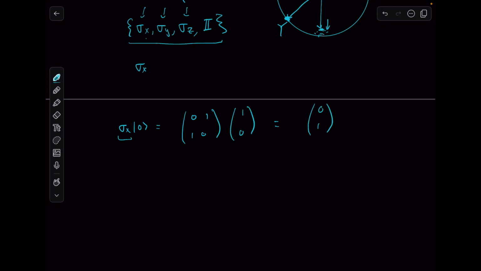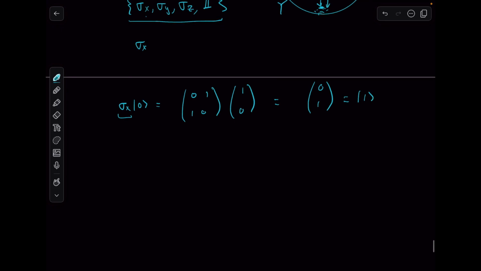It gives us a 1 in the computational basis, and likewise, this is going to give us 0. So this Pauli X operator is the quantum analog to a logical NOT gate. And now you can see how we start to build up these logical operations that we can make on qubits, but in a quantum setting.